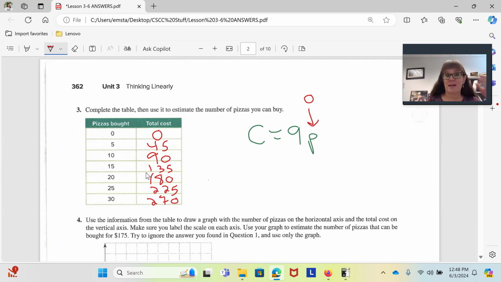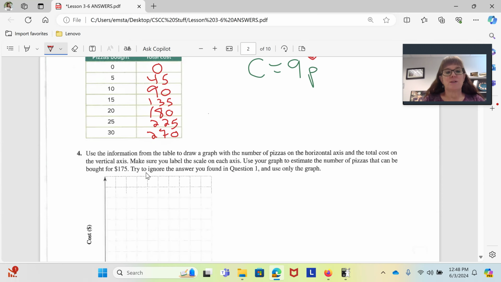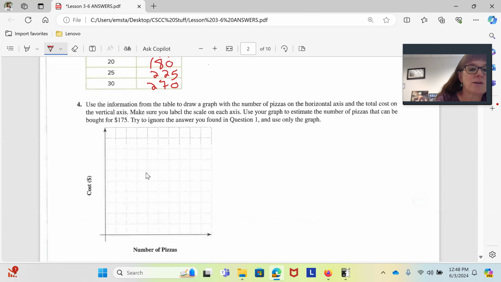And remember, we learned last time how to do this on the calculator. So you could actually force the calculator to create the table for you. Next thing they want us to do is graph those points. So they've got the titles on, which is awesome. The author recommends going up by 2s across the horizontal axis, the x-axis, or the number of pizzas axis, and going up by 20s on the vertical axis.